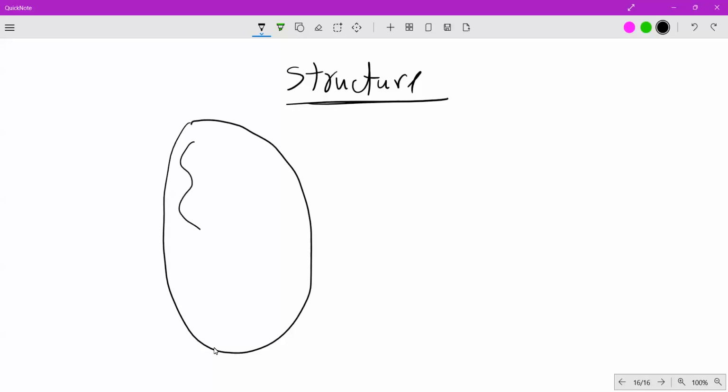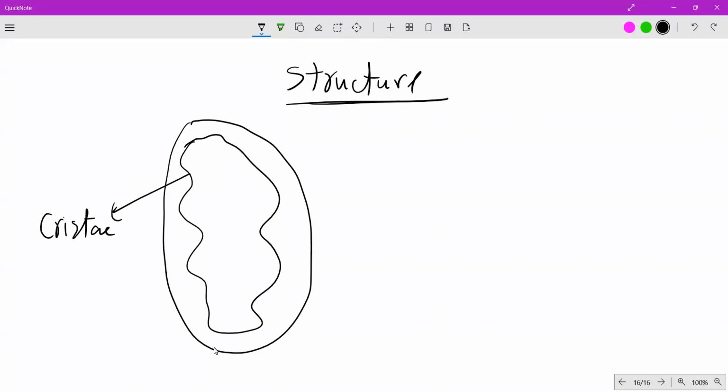We have the inner membrane, which is folded into structures called cristae. And this is the intermembrane space, which is acidic in nature. A lot of H-ions are present here.